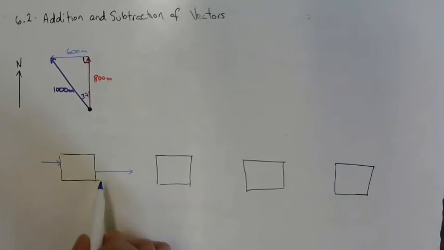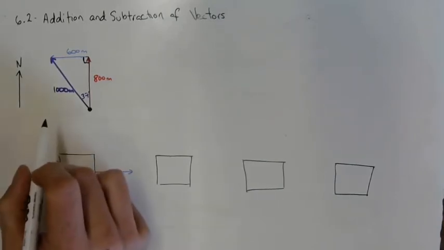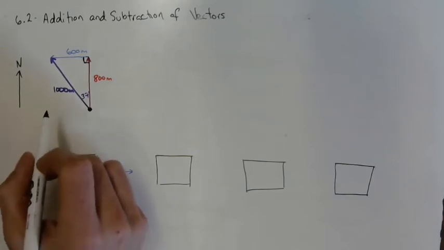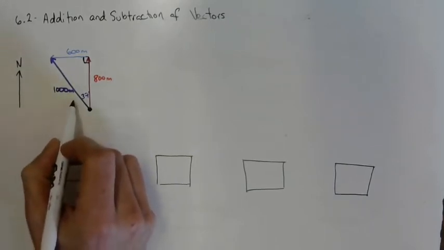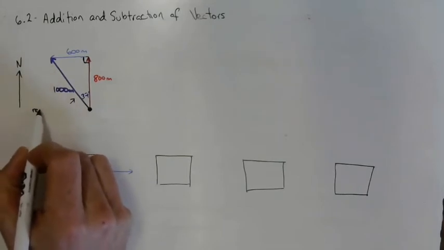Well, it's pretty simple to see that we're just going to add up those two vectors, and we'll get the resultant. The resultant vector is the addition of two or more single vectors. So I'll just write that here for this purple one. This is called the resultant.